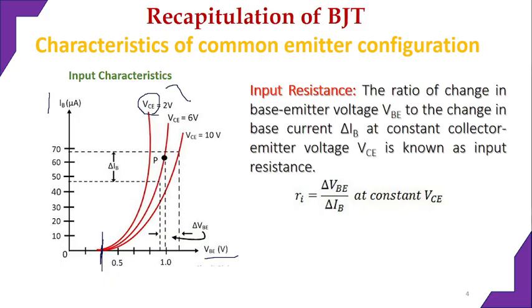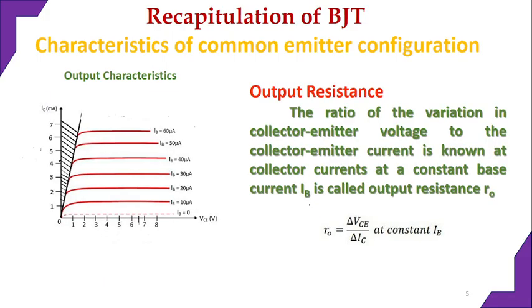But if we look at the graph, the curve shifts outward as I increase the output junction voltage. Here we are just taking the slope, that is, the variation of VB and the variation of IB, in order to capture the actual input resistance.